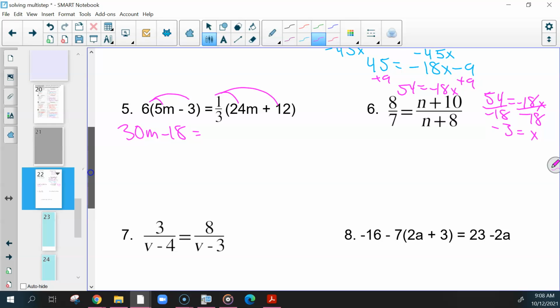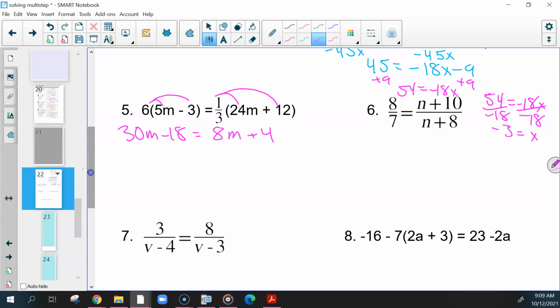So 24 divided by 3 would give us 8. 12 divided by 3 would give us 4. Most of the time when you multiply or distribute by a fraction, you're going to end up with whole numbers. Sometimes that's not the case, but most of the time it should be.